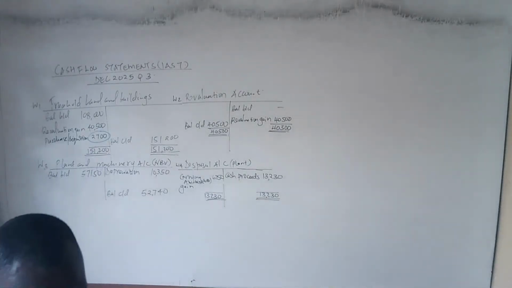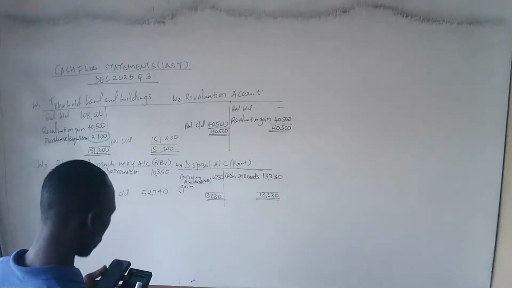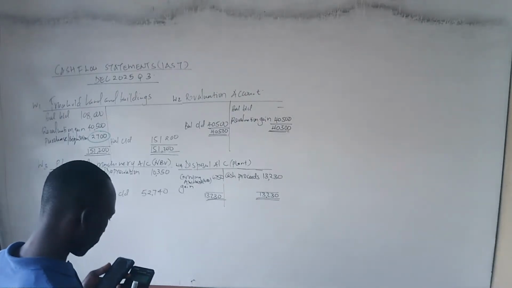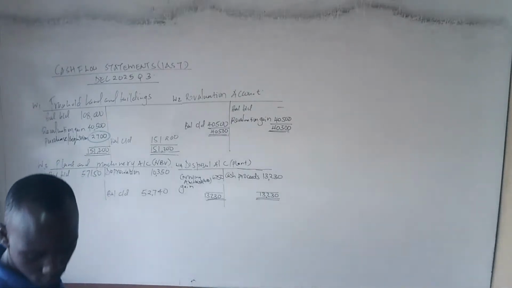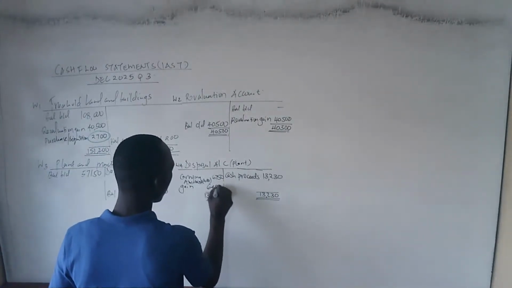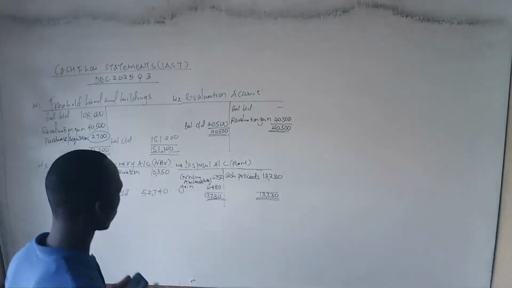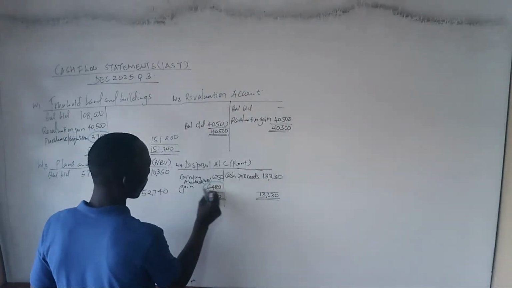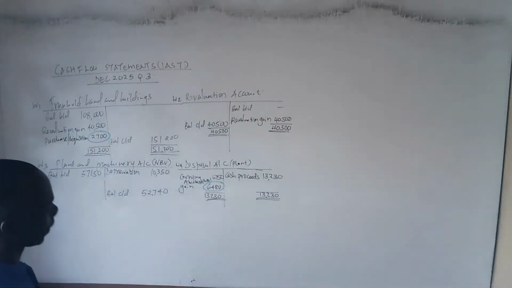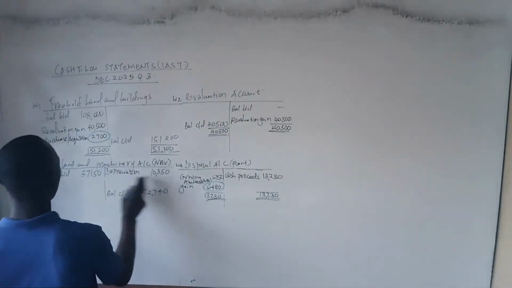The gain on disposal of 13 to 30, then we subtract 67.50. So therefore we have a gain on disposal of 64.80. This amount will go to the operating activities cash flows. We are going to take this amount to the operating activities cash flows, and therefore it is a gain on disposal.